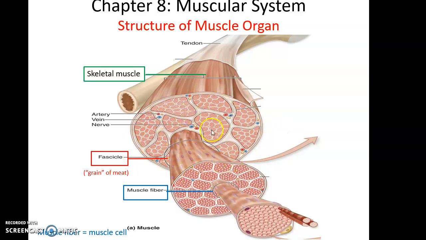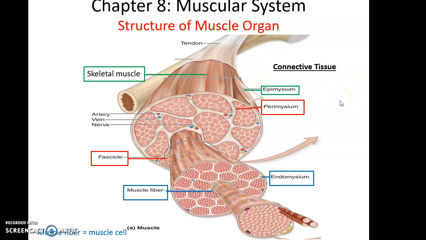So there are many, many fascicles bundled up in a muscle. And if we look inside of the fascicles, we see that there are smaller structures found bundled up in the fascicle. And those smaller structures are the muscle fibers, also known as muscle cells. So muscle cells are bundled up into fascicles. Fascicles are bundled up into skeletal muscle organs.